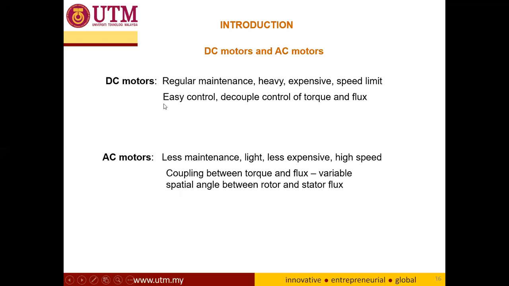But at the same time, it is very easy to control, because as will be shown after this, the speed is controlled by the voltage, and the torque is controlled by the current. The AC motor has the advantage in terms of maintenance. It is also very lightweight, less expensive, and can be operated at very high speed. But the problem is on the control side.